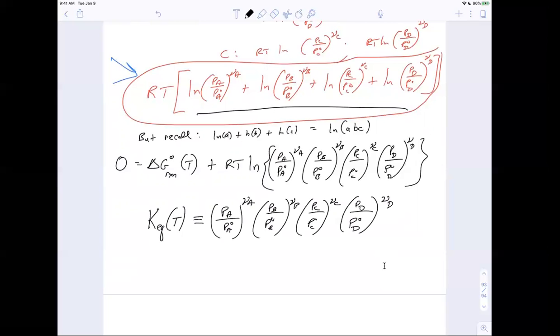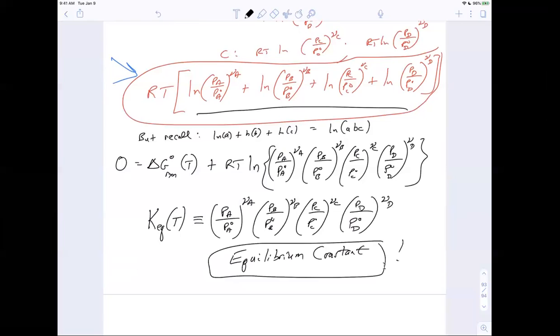And this K equilibrium of T is, for the ideal gas case, our equilibrium constant. And again, this is for an ideal gas mixture.